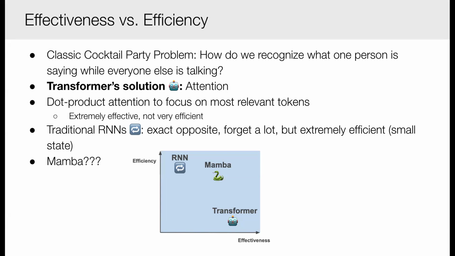Transformers basically hold every single previous thing that it learned in training and then do a dot product with attention, which is really effective in getting the actual answer that you want, but it's not very efficient. And what Mamba tries to do is find the middle ground between these two things and improve on them. So it tries to be a really efficient model while also having good effectiveness.